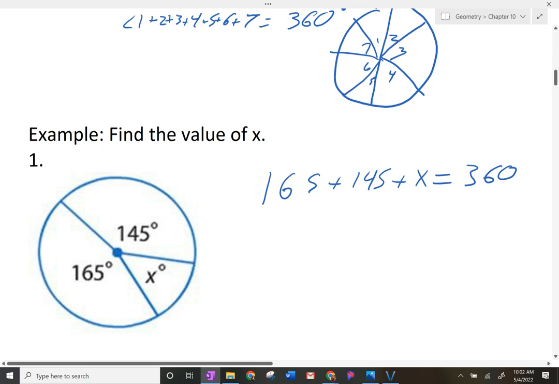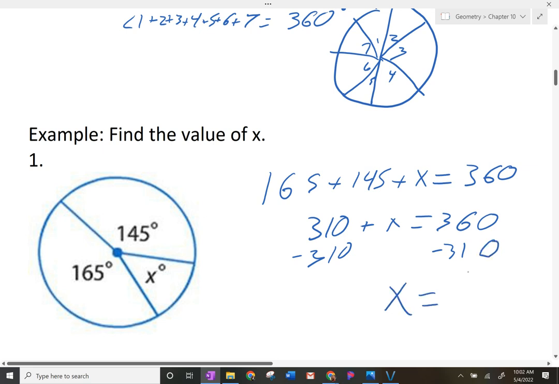All right, so I'll take 165 plus 145. I get 310 plus x equals 360. Subtract 310 from both sides. I know that x in this equation is going to equal 50 degrees.